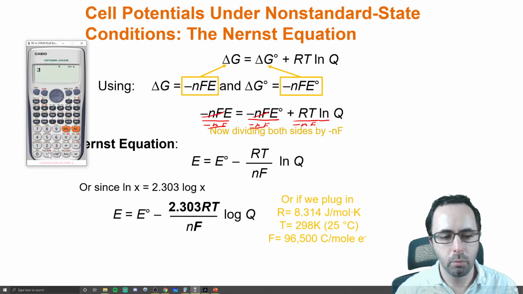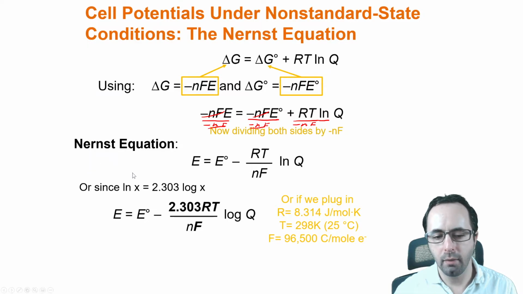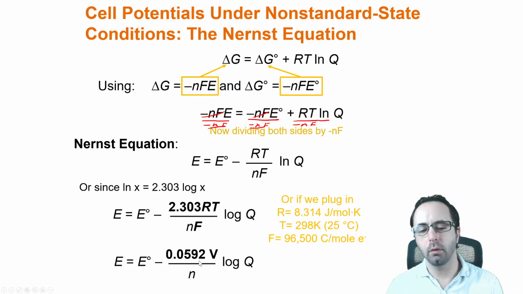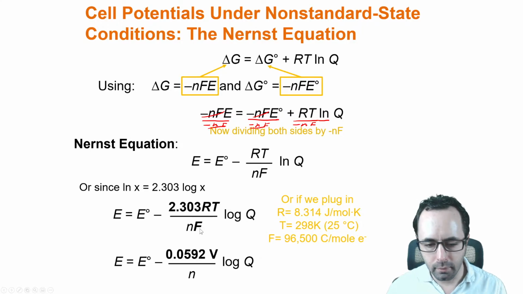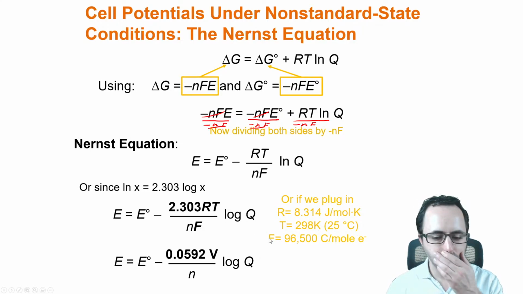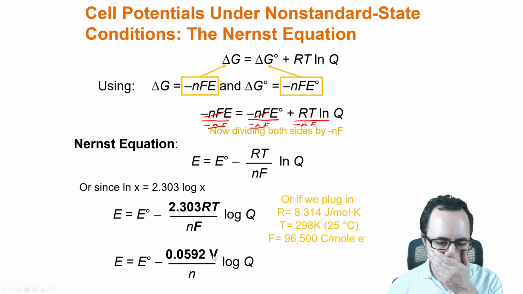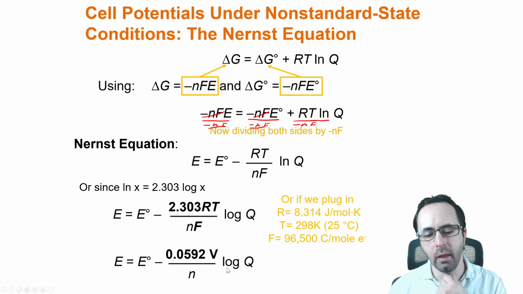So it'll be 2.303 times 8.314 times 298 divided by 96,500, and we get 0.059, about 0.0592, and the units here will be volts because they're going to be joules divided by coulomb. So the unit ends up being volts, and we get then base 10 log Q.